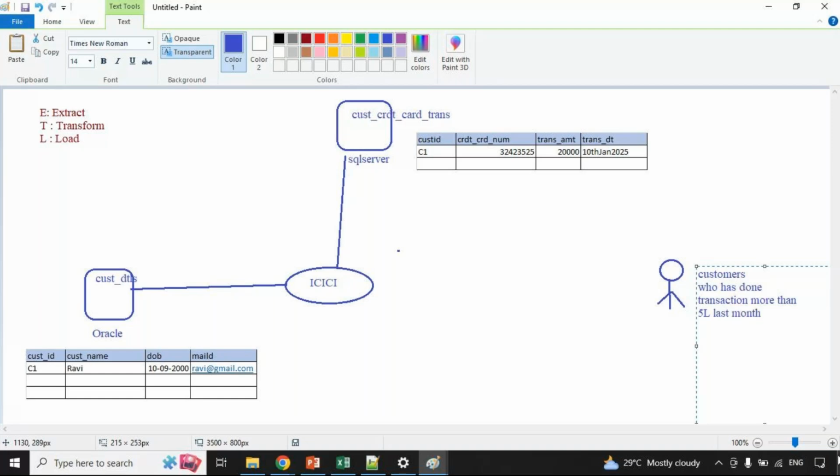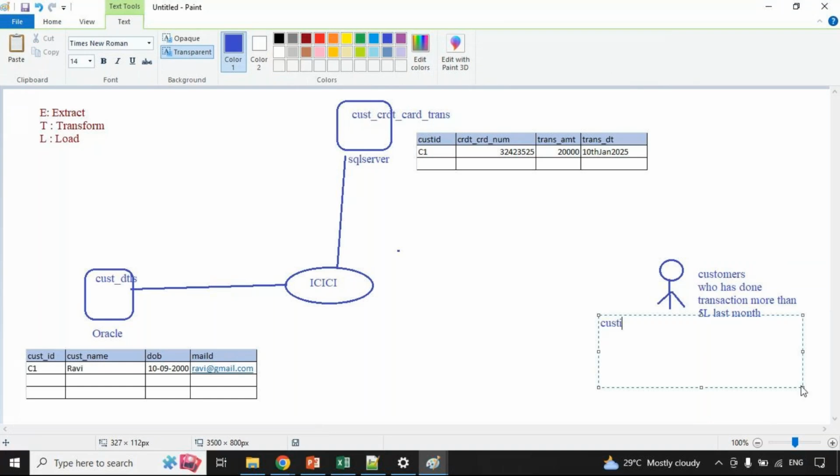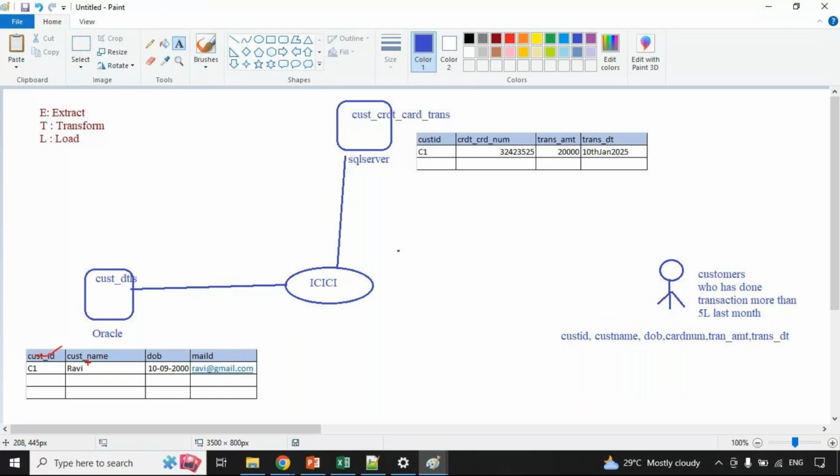So here he would like to see the data. He wants to see customer ID, customer name, date of birth, card number, transaction amount and transaction date. If you observe, customer ID, customer name, date of birth, mail ID, the customer details are present in this database, and the customer card transactions are present in another database.